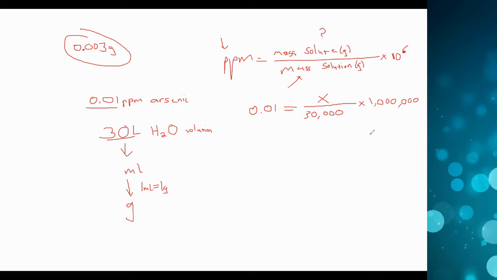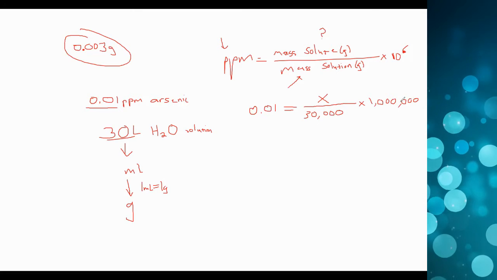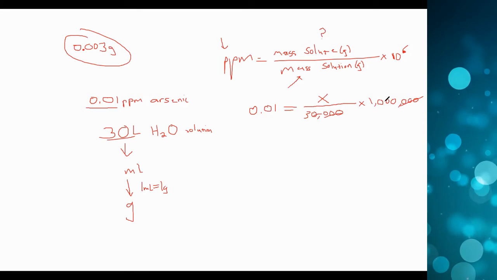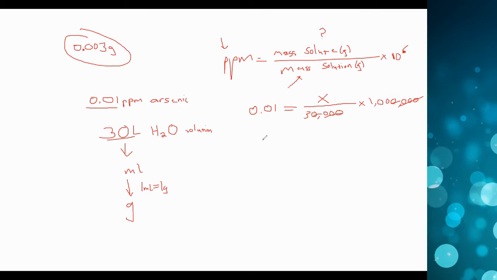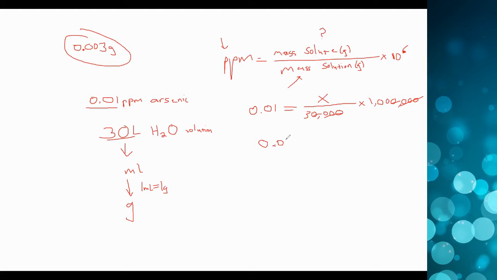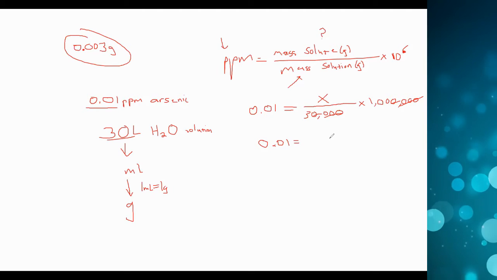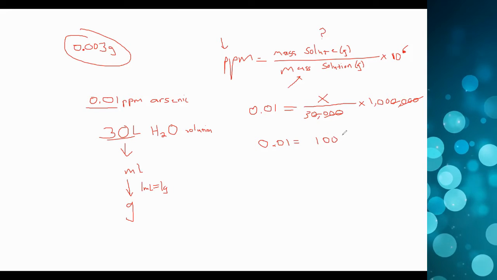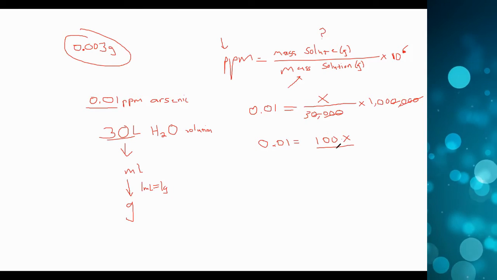Now at this point, it's just algebra. What I recommend is cancel out some of those zeros. Those 3 zeros are gone, that 0 is gone. So this basically simplifies to 0.01 equals 100 times x divided by 3.